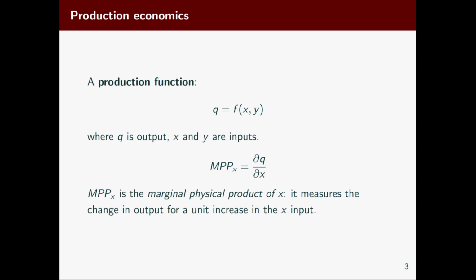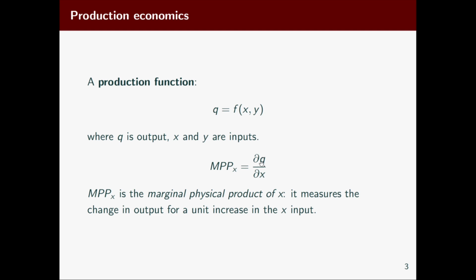Okay, the production function here is in a general form. Q is our quantity produced as a function of x, y, which are just different inputs. Okay, we call the MPP, or the marginal physical product of some input x, the partial derivative of your production function with respect to x. So remember, Q here is your production function.